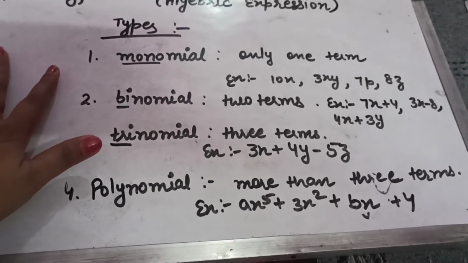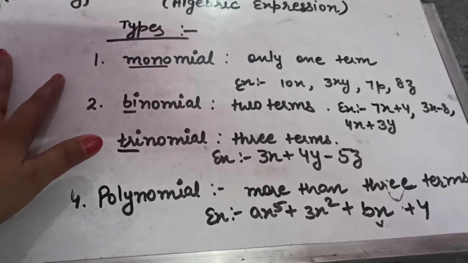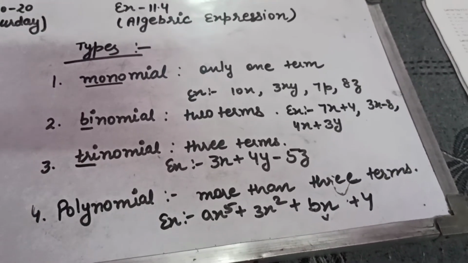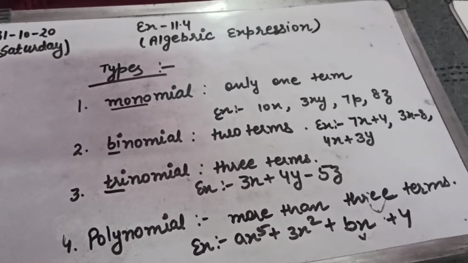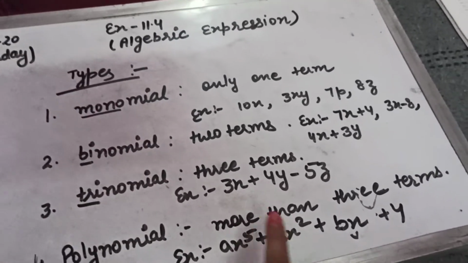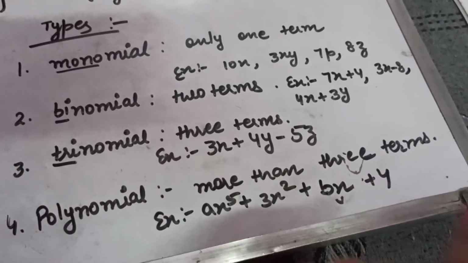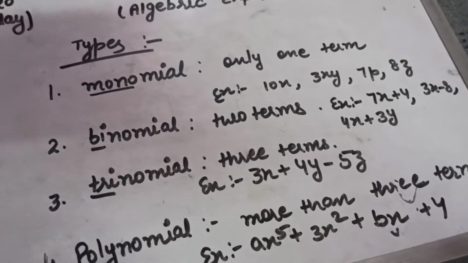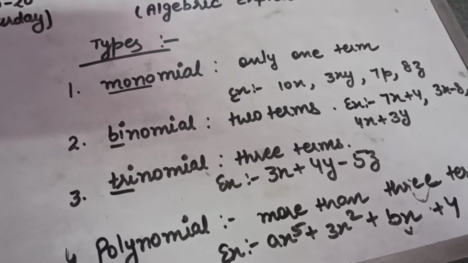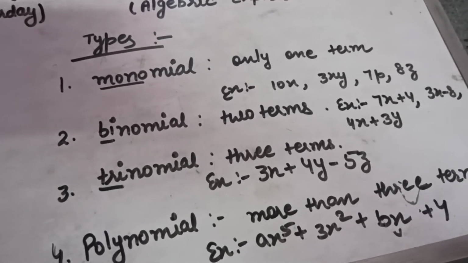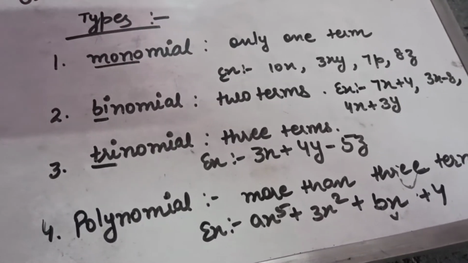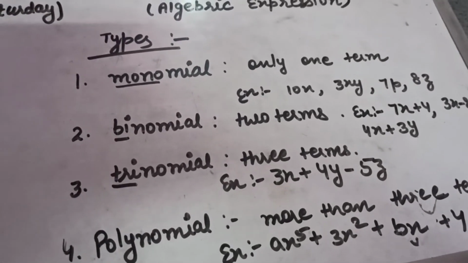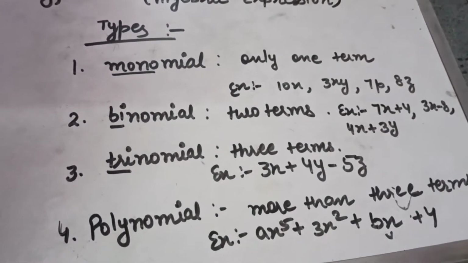First one, monomial, in which only one term, like 3xy, 7p, 8z, or you can say in which no operation is used. In the term where no operation is used, only one term is there, that is a monomial expression. Second is binomial, in which 2 terms are there.